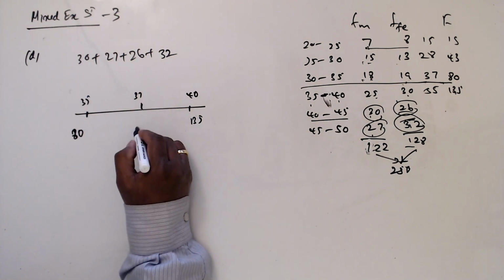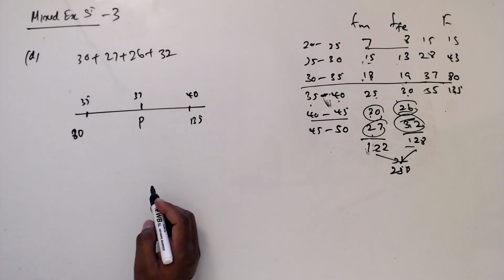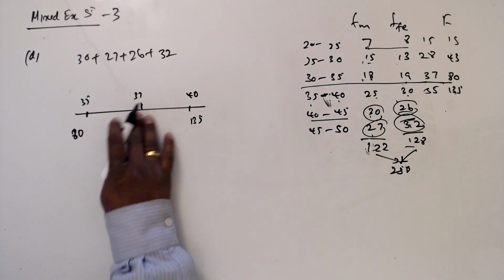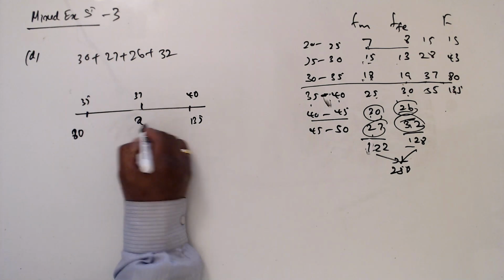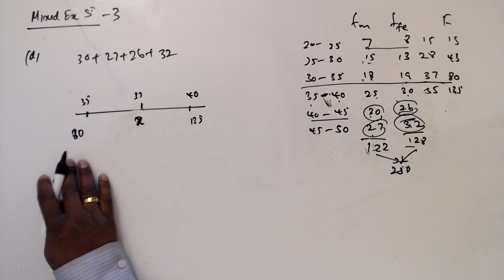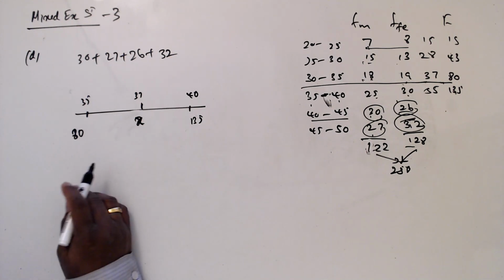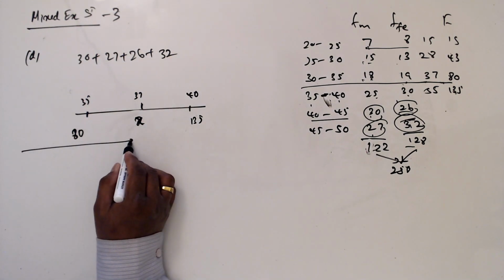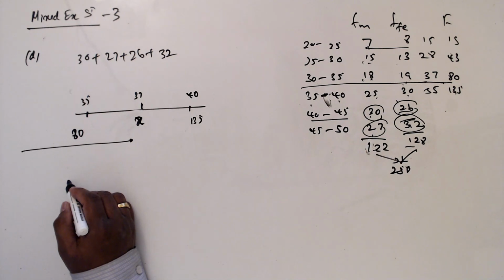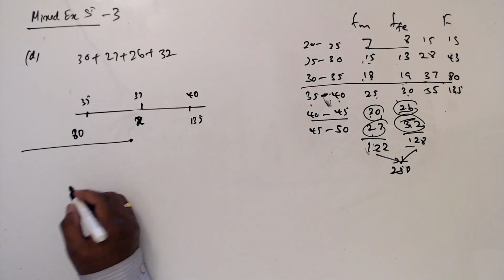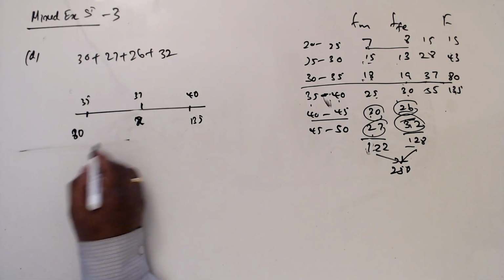after 37 this value, if you take P or let's say x. So you can do a normal interpolation. Then you can minus the total up to here. Okay, we'll do that one.